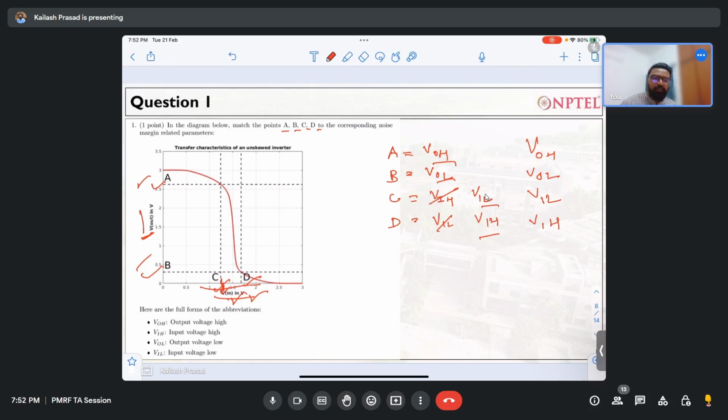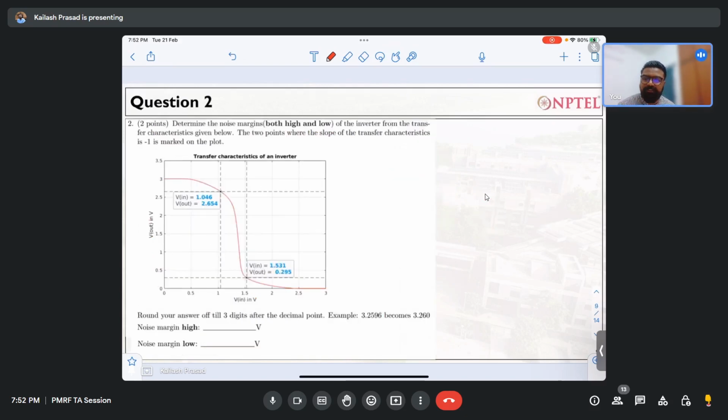Now moving to the next question, why are these important? It will be coming into the next question. This is the transfer characteristic of an inverter, and you see the values are given. V in is equal to 1.046 and V out is equal to 2.654.